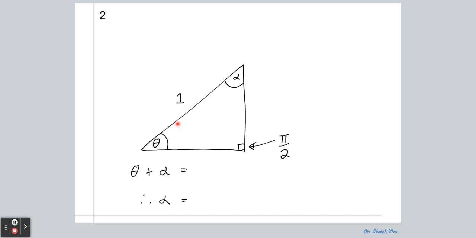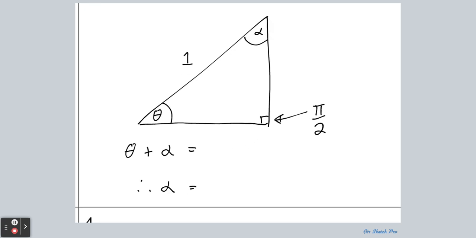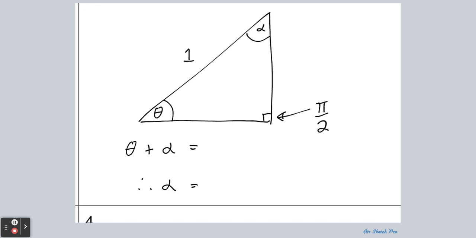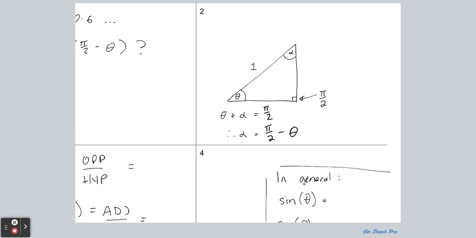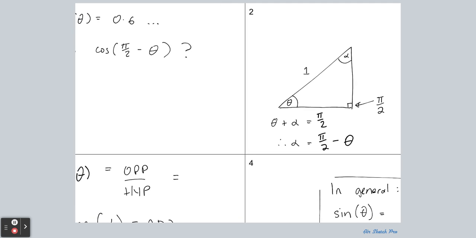And so these two angles here must add up to pi on 2, because pi on 2, 90 degrees, plus pi on 2 would give me 180 degrees, pi. So that means that in terms of alpha, we can say that alpha is equal to pi on 2 minus theta.